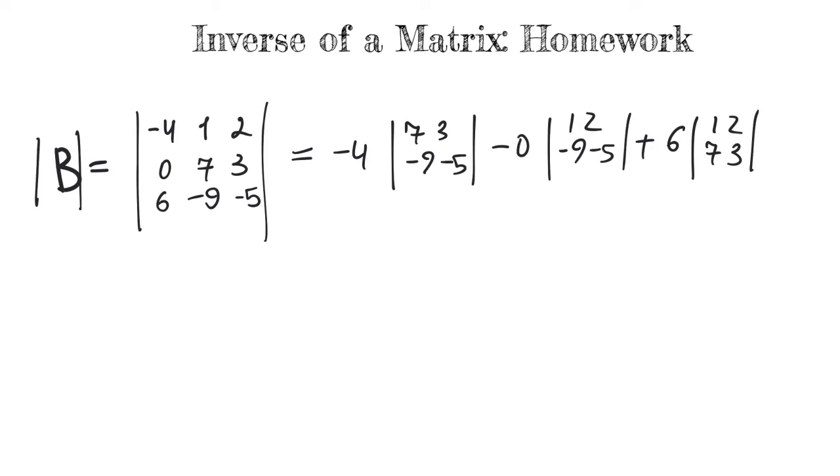All right, now let's calculate that and see what we get. So -4 multiplied by -35 minus -27, or plus 27, minus 0 multiplied by -5 minus 18. Wait, it's -5 plus 18.